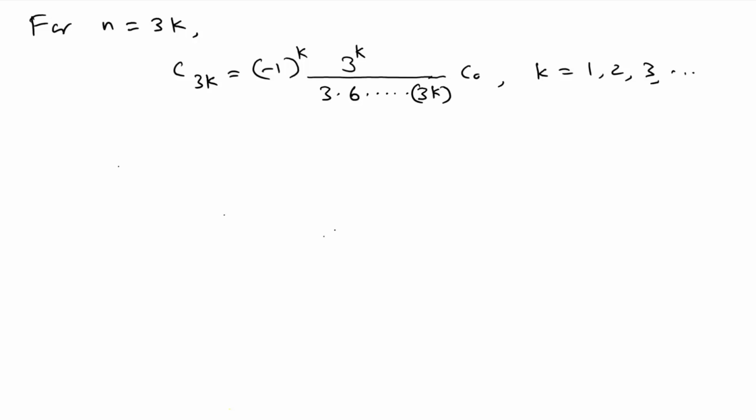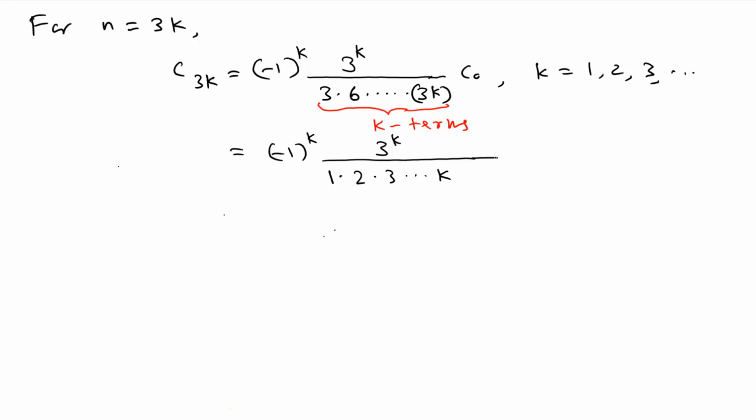So let's see how we can simplify this, and then how many terms we have. We can see that there are k terms. So how to simplify this a little bit? What we're going to do is, from the terms in the bottom, you can pull 3 from each. So once you do that, you're going to get 1 times 2 times 3 times like that up to k, and also you have the 3 to the k term from each.